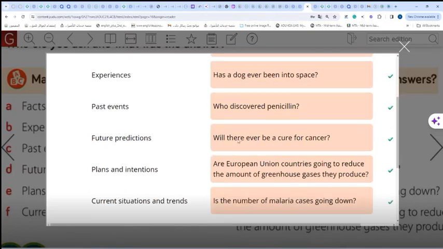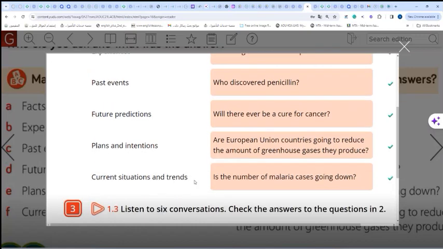Will there ever be a cure for cancer? This is called future predictions with will. Once you see will, it could be a future prediction. Are European countries going to reduce the amount of greenhouse gases they produce? So are plus subject plus going to plus infinitive. It means that it refers to intention, plans and intentions.